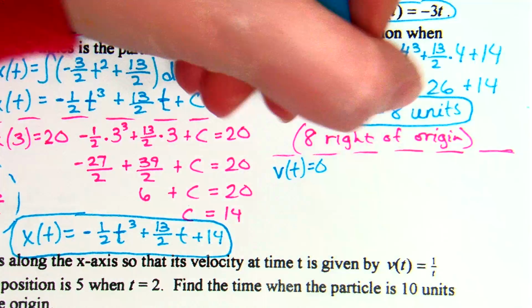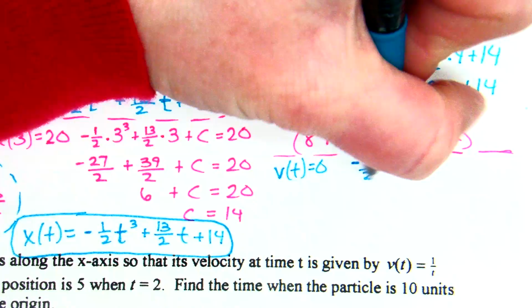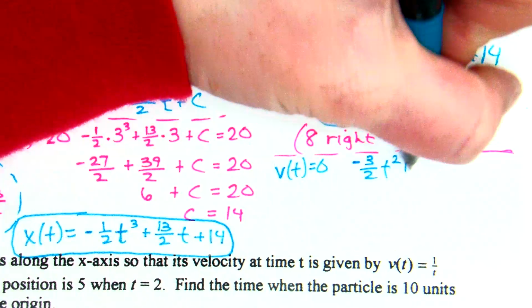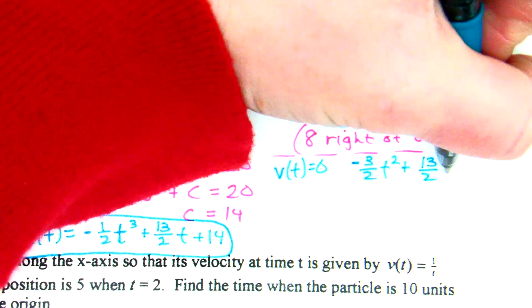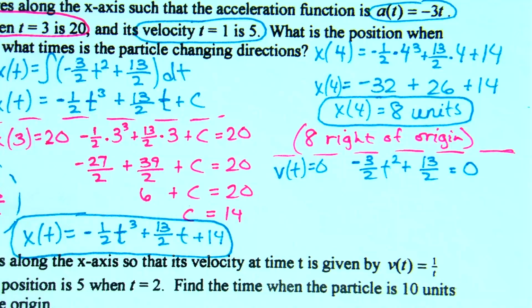The velocity function I had: negative 3/2 t squared plus 13/2 equals 0. Solving for t. Sorry, I momentarily confused myself.